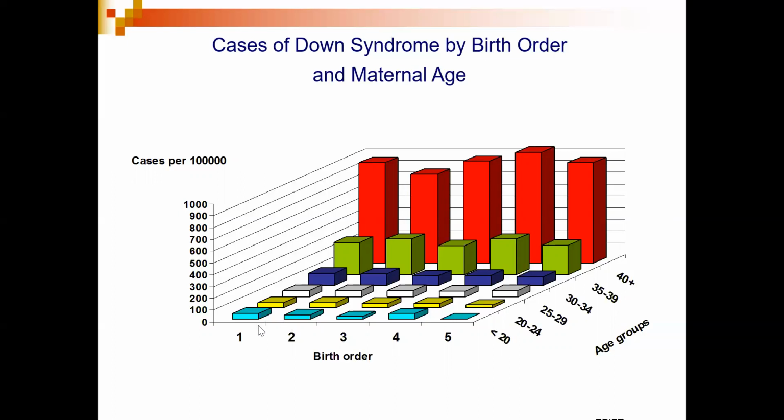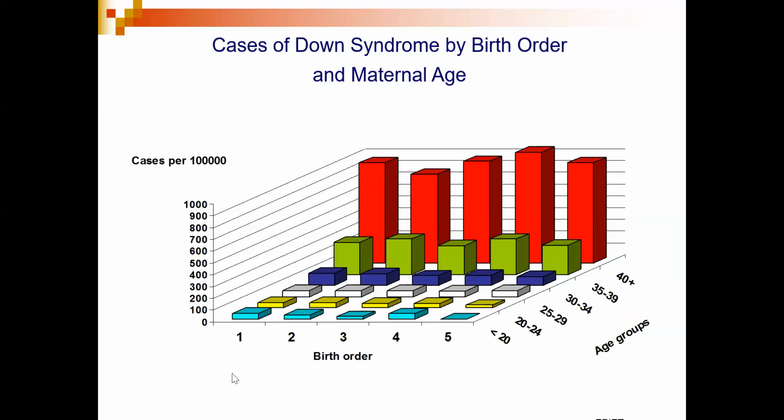Why? If you look at the number of Down syndrome cases for mothers less than 20, and for birth order, which is like 100, you don't have many cases. But as the birth order increases, age also increases.